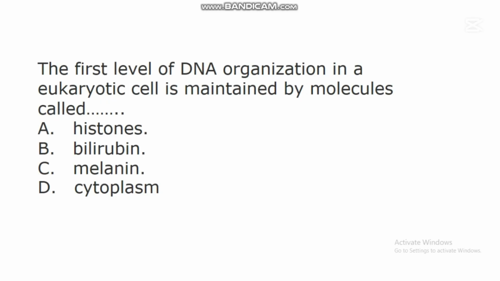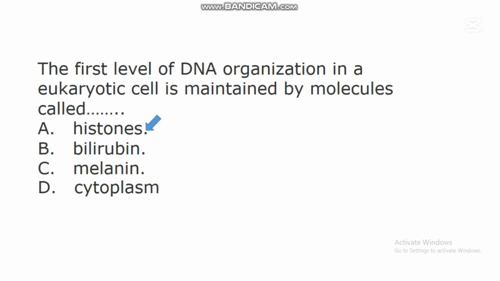In this question, the correct answer is A. Histones. Histones are proteins that help DNA to pack very well in the nucleus of a cell. A eukaryotic cell is a cell that has a well-defined nucleus.